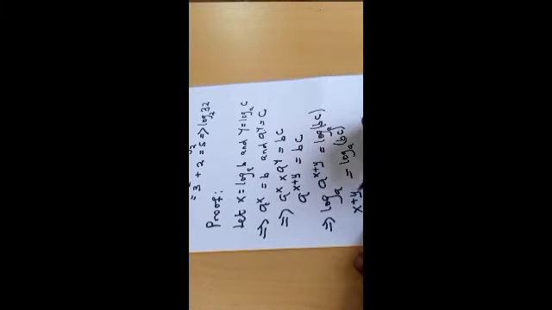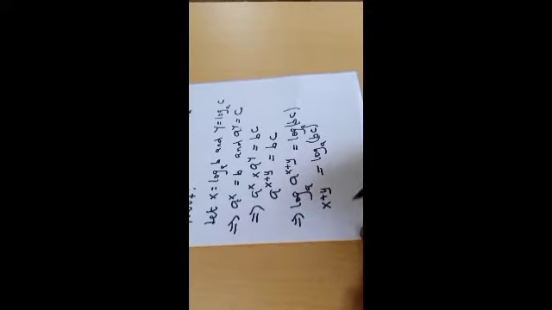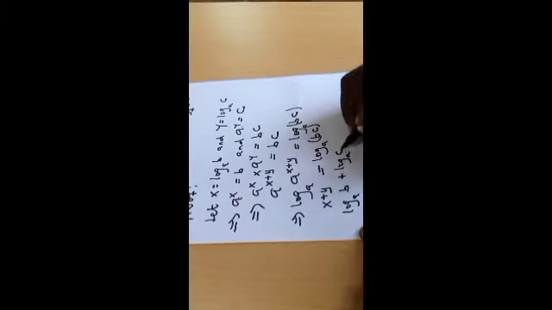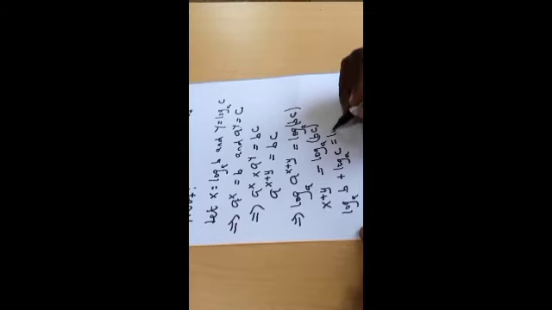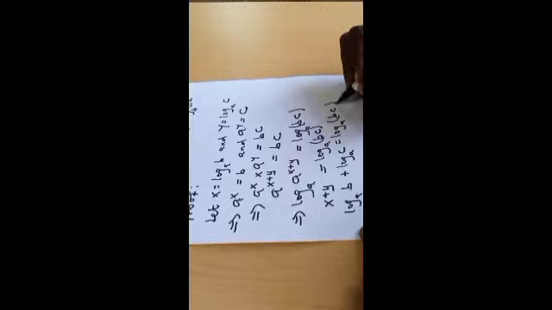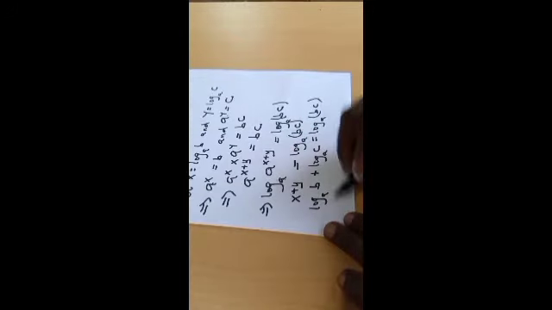We already know what x represents. x represents log base a of b, plus y represents log base a of c, and that will be equal to log base a of bc.